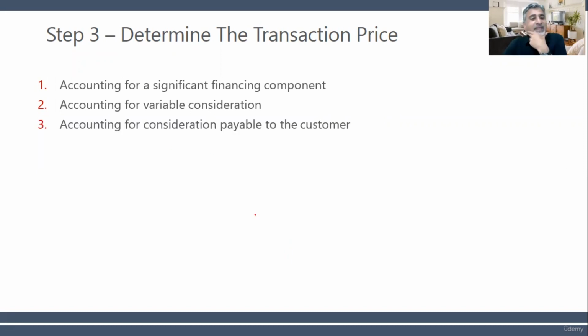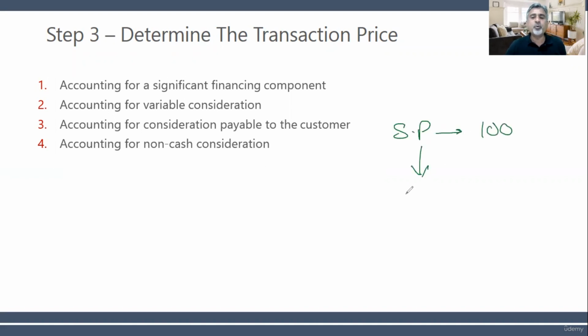Okay. Accounting for consideration payable to the customer. It's the same thing. Accounting for non-cash consideration. Non-cash consideration we will discuss again later. Non-cash consideration means I have some product whose selling price is, I don't know, $100.